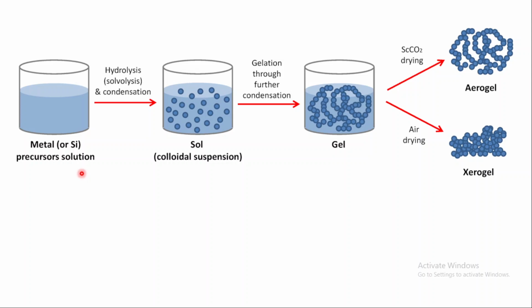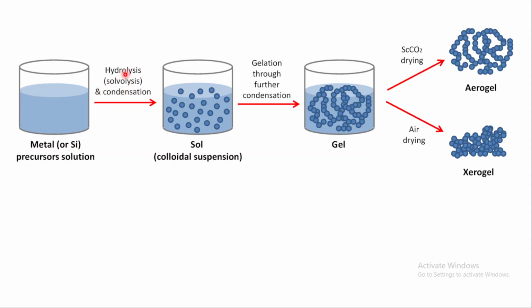So this is a simplified cartoon representation of sol-gel synthesis, and in sol-gel synthesis we generally produce metal oxide nanoparticles, right? So first, in this container we have metal precursors or solution such as silicon or titanium dioxide, any metal. Here we have silicon, hydrolysis, solvolysis and condensation.